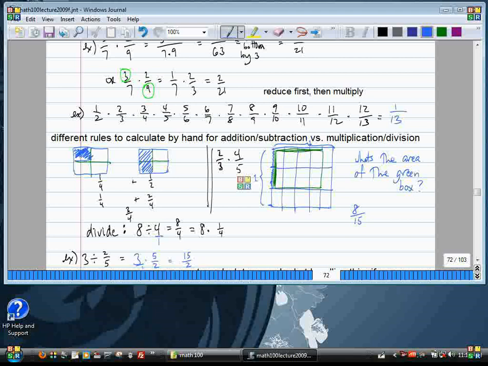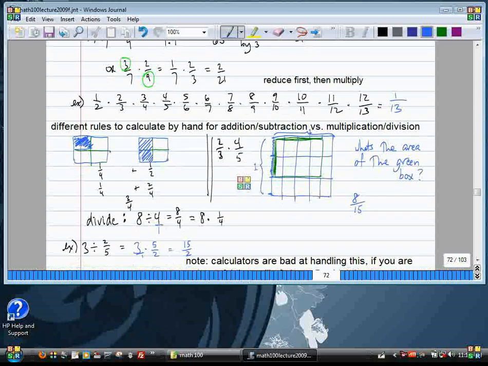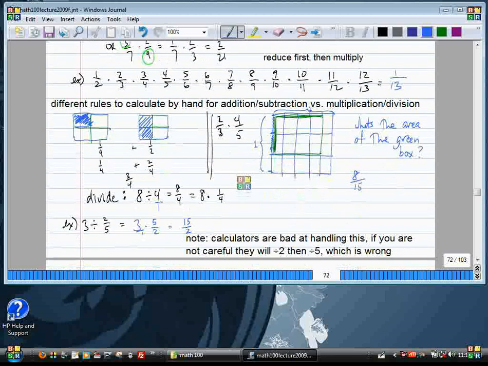Okay. And then a final note about this last problem. If you do this on a calculator, be very careful. Because if you type this into a calculator, how do you type it in? Well, the instinct is to type in 3 divided by 2 divided by 5.